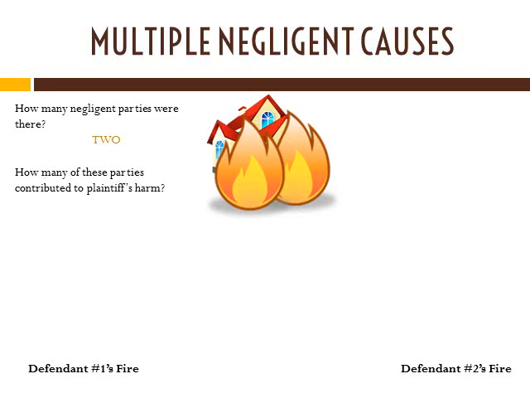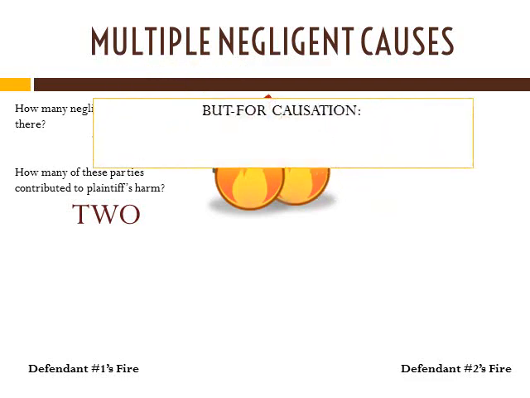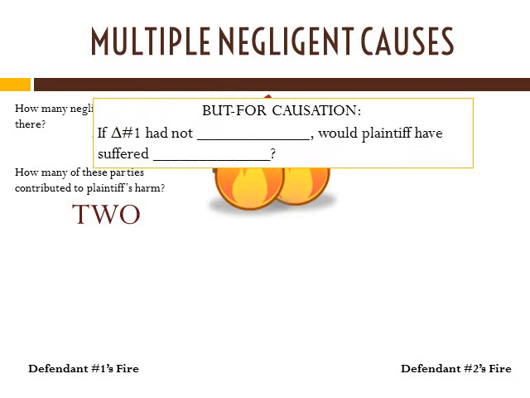Well, now remember here, the fires merged before they got to the house, so they both caused some harm to the house. So we've got two. Remember, with alternate liability, the answer was 1. So let's try applying but-for causation here. If defendant 1 had not negligently started the fire, would plaintiff have had his house burned down?